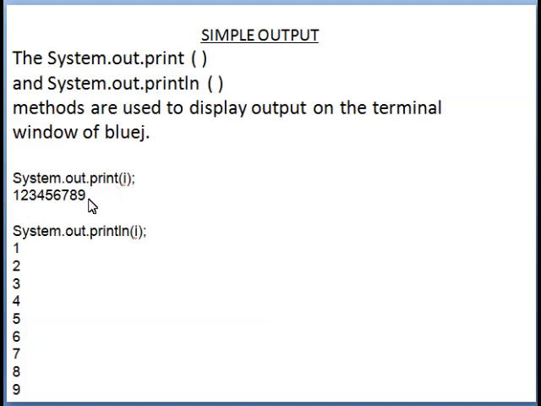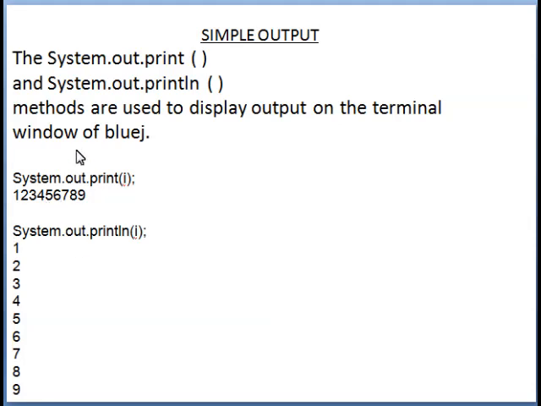If we use the output statement system.out.println, it will print the value 1 and the cursor will skip to a new line. There we will print the value 2, then the next line 3 4 5 6 7 8 9. Like this we will print the values.